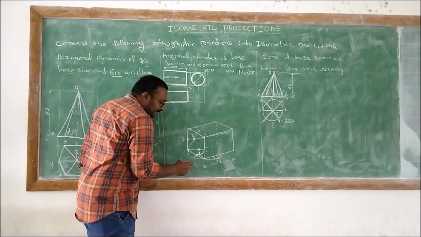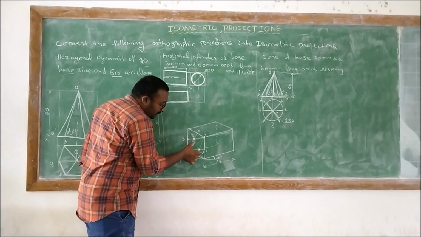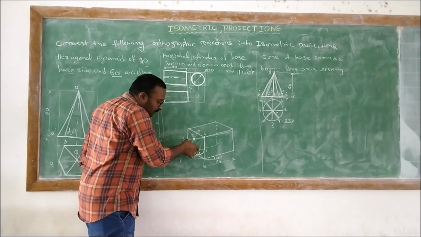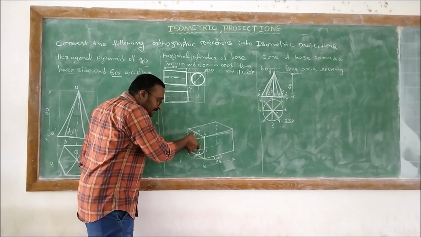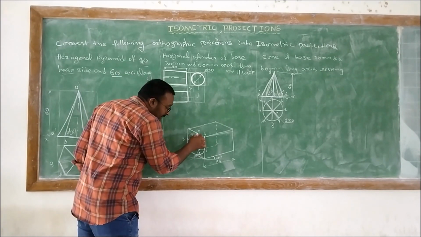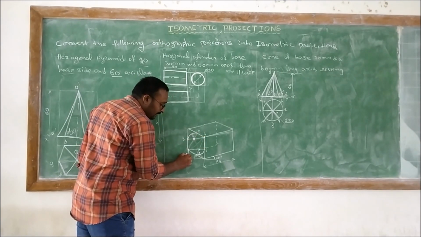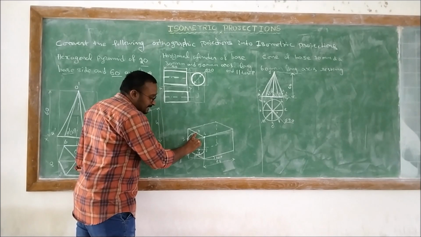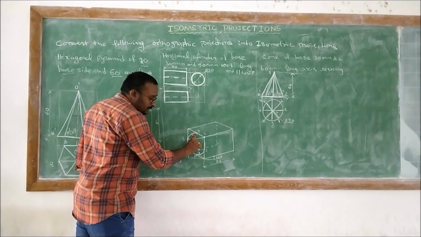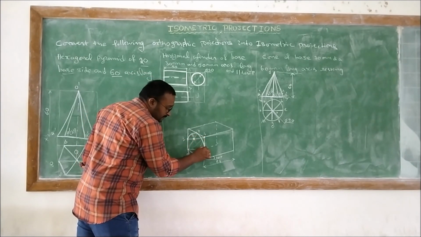Then take 1Q or 1R as radius, both are the same, with 1 as center or 2 as center, and cut an arc. And then take 2R as radius, which is equal to 2S, and draw an arc until it touches the S point.